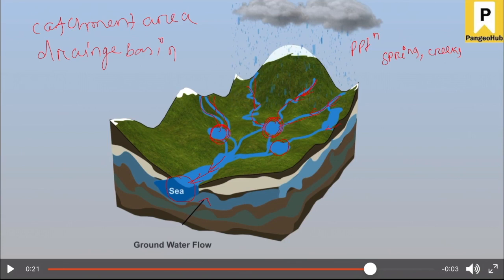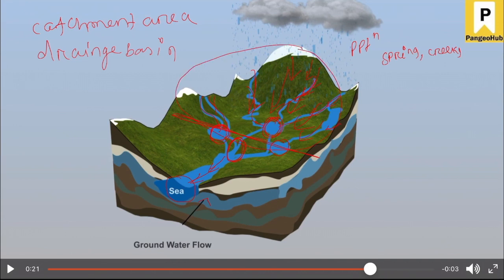Here rainfall happened, it leads to development of surface runoff. Thus these surface runoffs join to form a major river basin. So up to this area, all these surface runoff waters join to form a large river system. So all these areas which catch all that water and funnel it to this outlet system are called the catchment area.